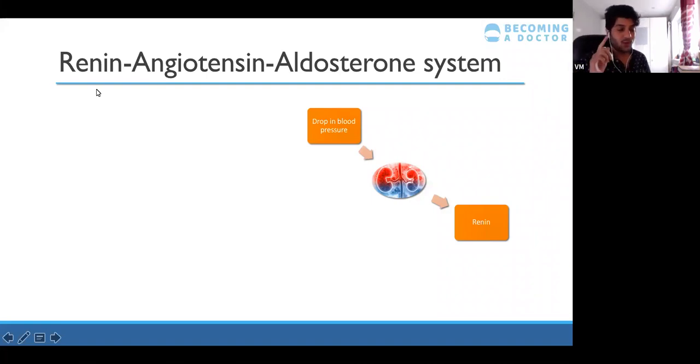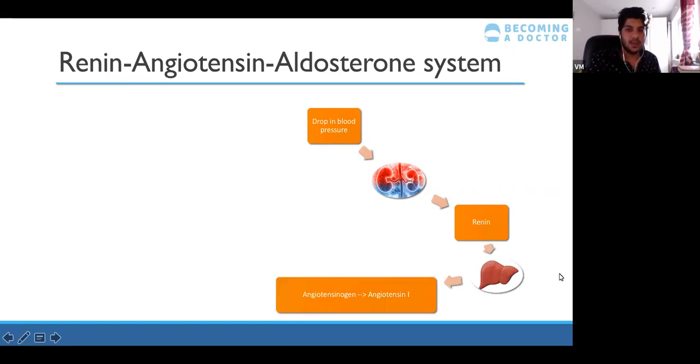It's pronounced renin, not rennin. Rennin is a very different thing, with a double N. You can look up what that does. Renin stimulates the liver to produce a plasma protein called angiotensin-1 from its precursor angiotensinogen. So we have a drop in blood pressure, the kidneys secrete renin, and then as a result, the liver converts angiotensinogen to angiotensin-1.